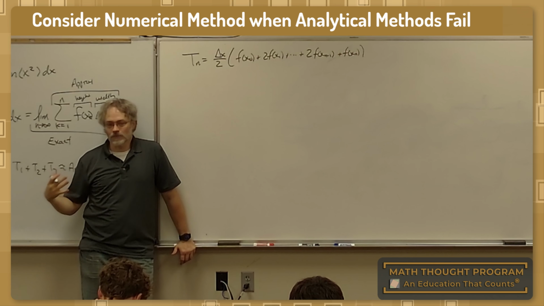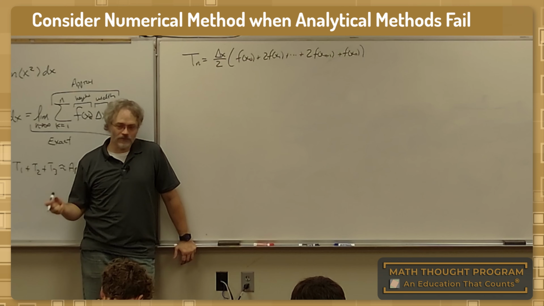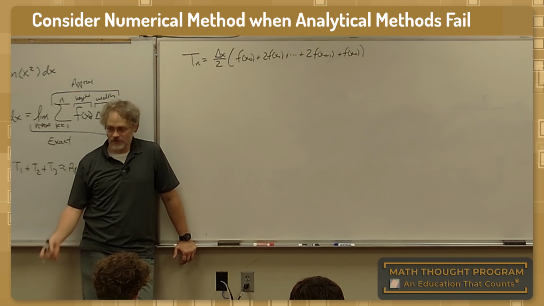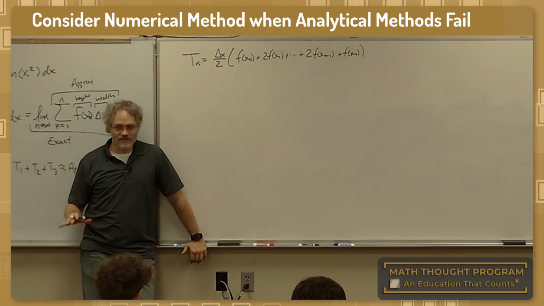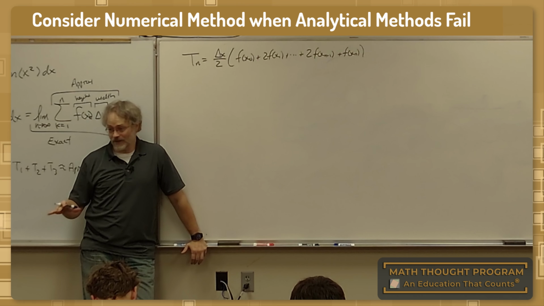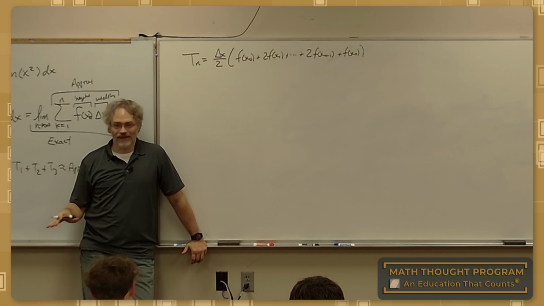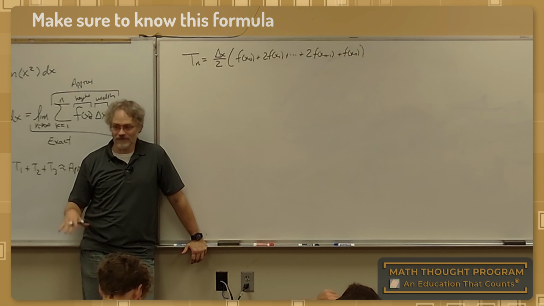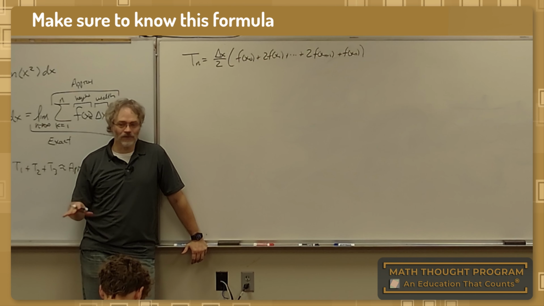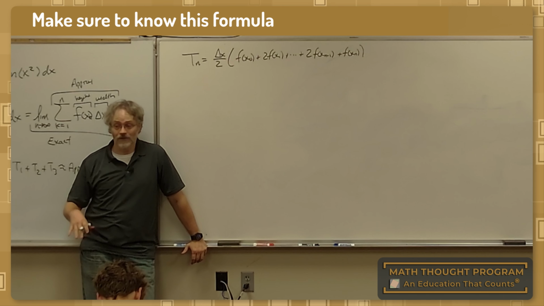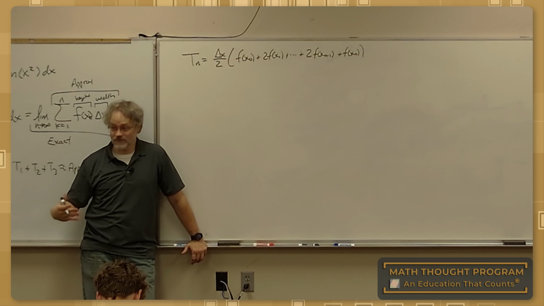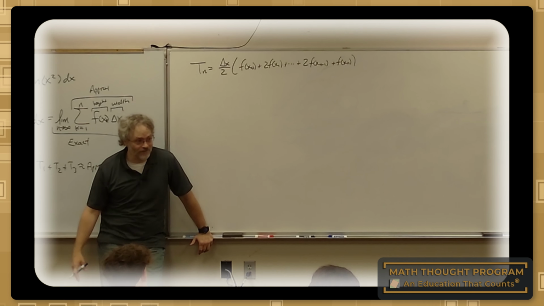Whenever analytical procedures fail, when I can't do an integration of my parts, partial fractions is out the window, the last hope you've got is to go about it numerically. And instead of using left hand, right hand, I can look at trapezoids, which better fit the curve, which would presumably say that I'm going to get to the answer a whole lot faster.